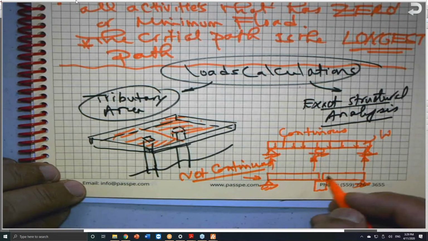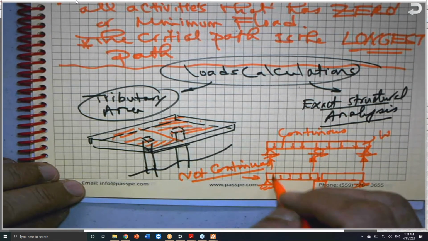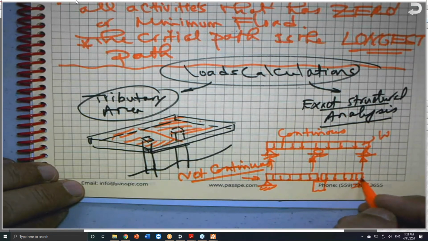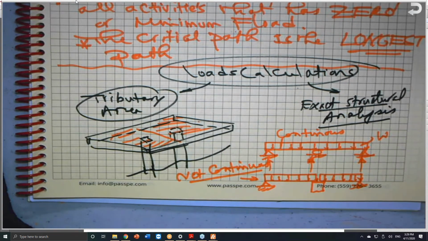Each beam is like a simply supported beam, with a small gap between them. It's much easier to analyze. The continuous one is a little bit harder to analyze, but nowadays with computers, we have no problem with that.